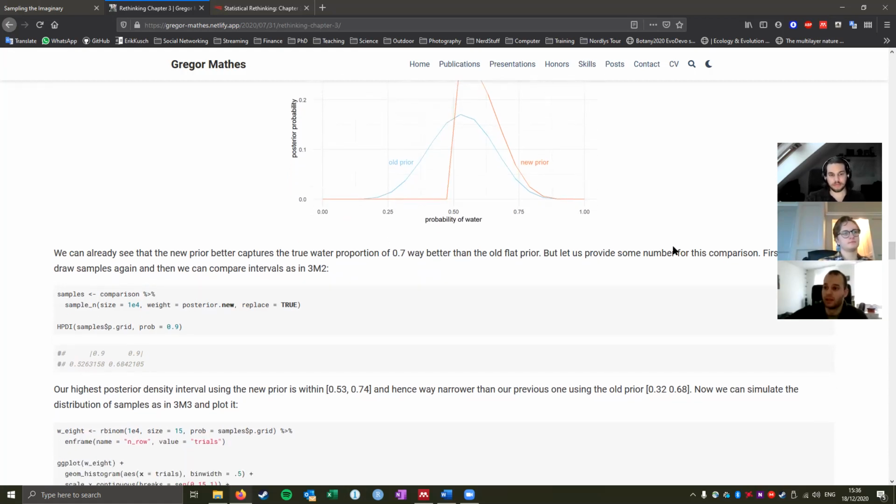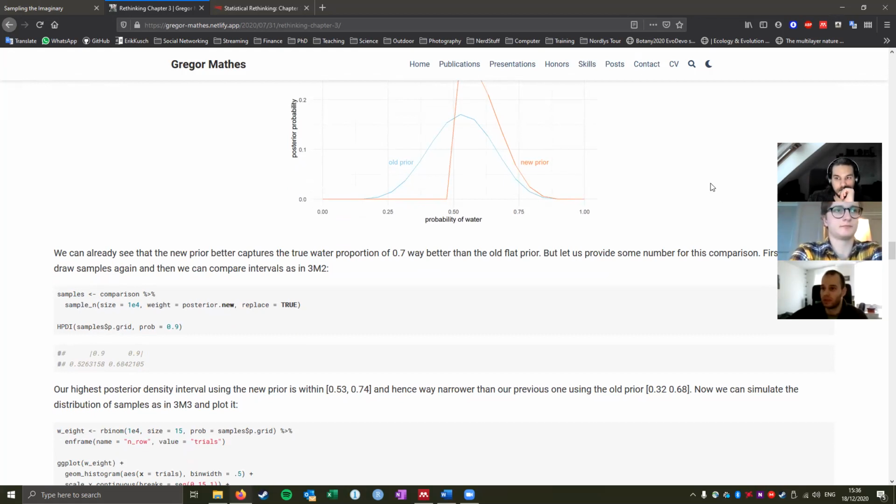And our estimate for the highest posterior density interval lies between 0.53 and 0.74. And the old one, just to repeat this, was 0.32 and 0.68. So we can see that the new interval is way narrower. So we get more certainty as well as a better estimate.